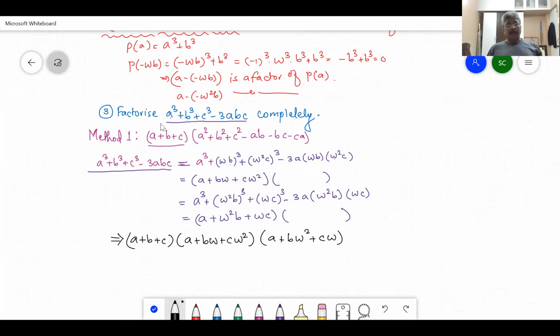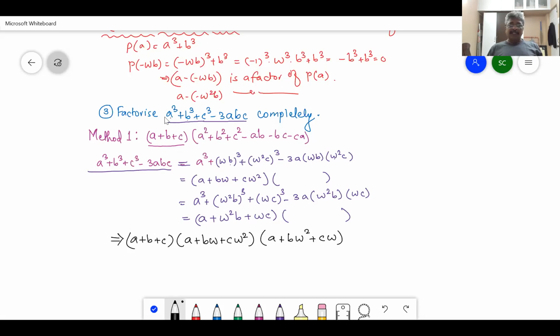Once again, we know from our earlier algebra knowledge, real number knowledge, that a cube plus b cube plus c cube minus 3abc has a plus b plus c as a factor, right? And the second factor looks like this.